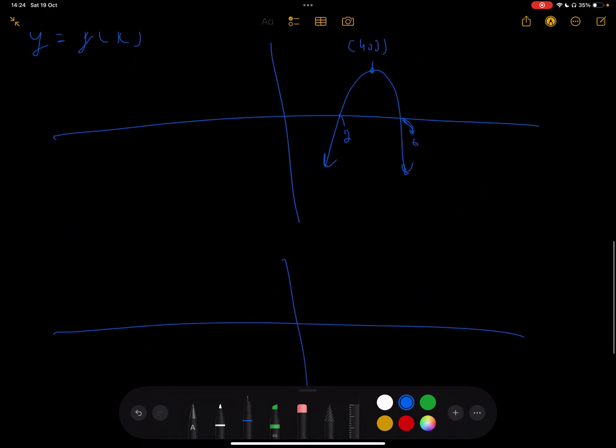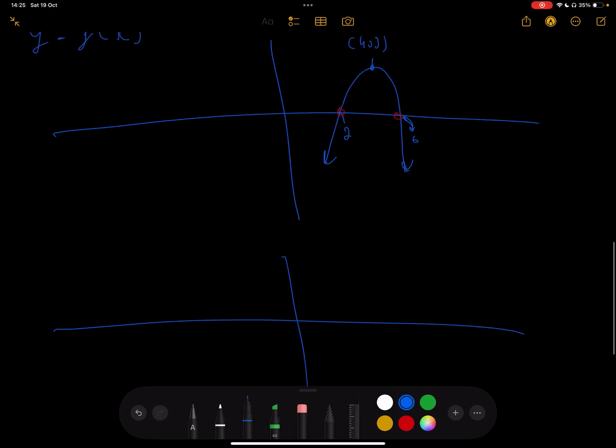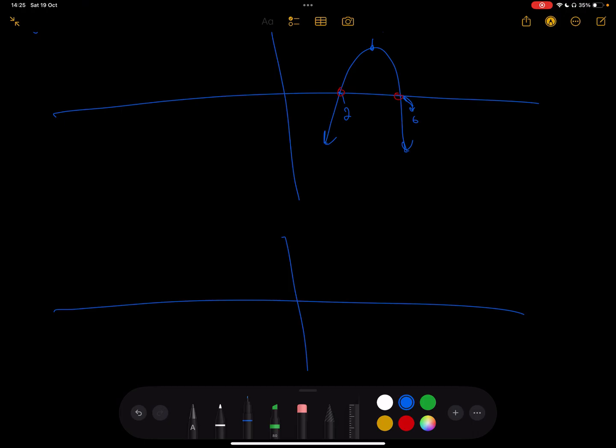So what does this mean? Well, as we can only touch these points here, where it's intercepting, we will still be touching at the same point. So at 2 and at 6, it will touch the x-axis.